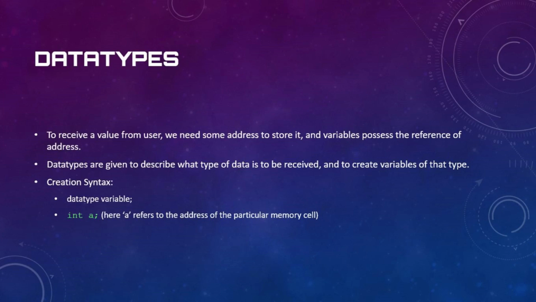So when I write int A, A refers to a memory cell and that may have any type of address. So A is not the address but A refers to the address. In this case, 11101000 is the address. When I give a value, that value is going to be stored in that memory cell and using A we can retrieve that value whenever we want in the program.